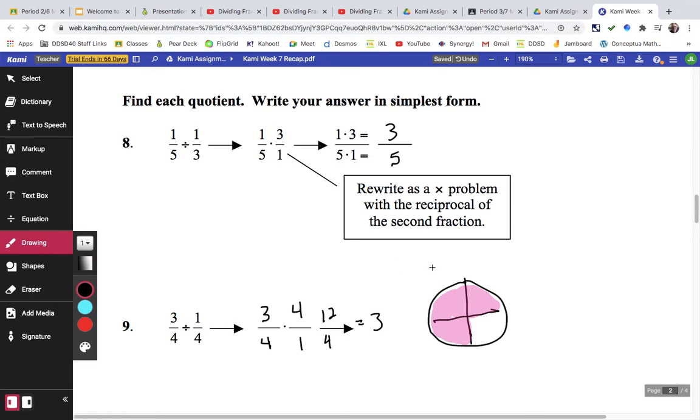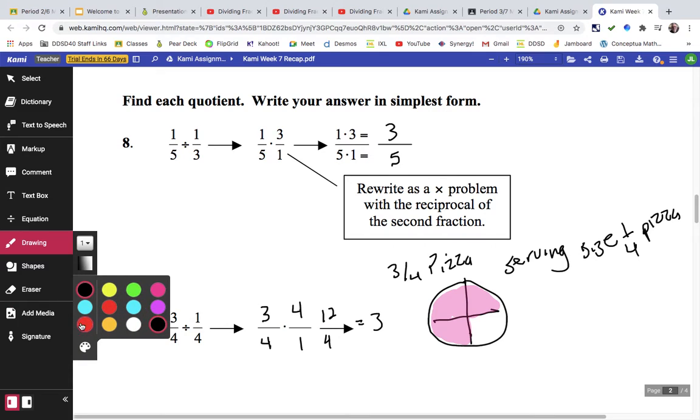So let's say that this is a pizza, and we have 3/4 of a pizza, and our serving size is 1/4 of a pizza. You can see that we could feed 3 people with servings. There's one serving. There's the second serving. And there's the third serving that's 1/4 of a pizza. So that's where we get that 3 right there.